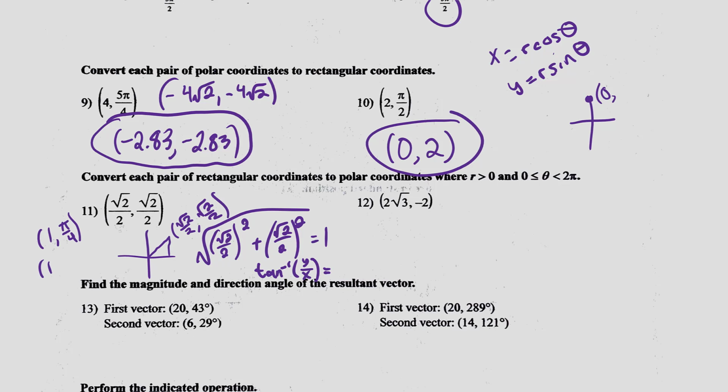You could put 1 comma 45, or you could put 1 comma whatever pi over 4 is as a decimal, which is 0.79. You don't have to have all of those answers, but whichever one you were able to come up with would be fine with me.